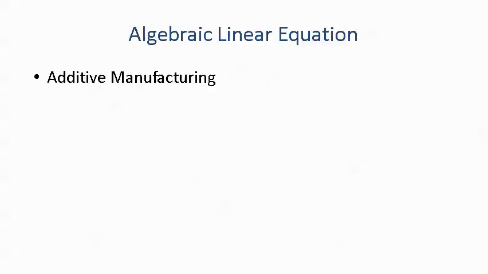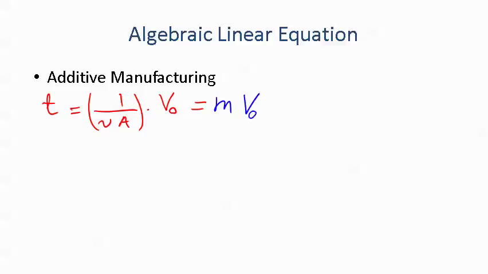So we have that the time is equal to 1 over VA, the velocity times the area, times the volume. And I'm going to rewrite this in the form of the standard equation as we already said: M, which is the slope, times the independent variable.